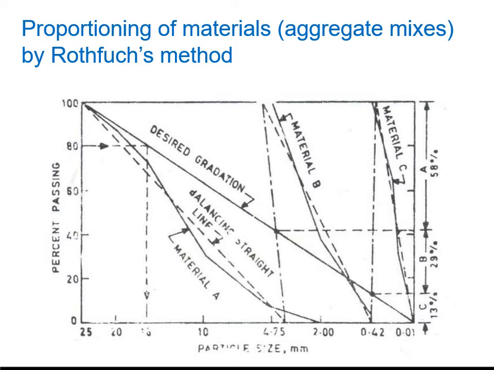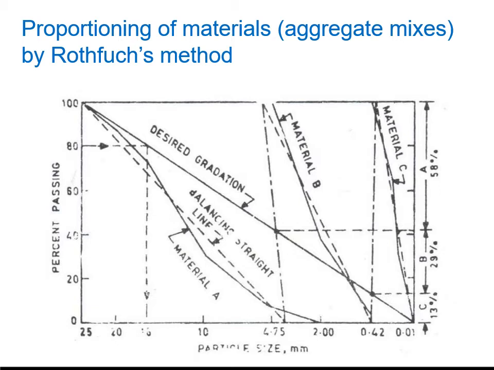For example, for material A, this is the gradation line, and the dotted line is the balancing straight line plotted for this particular material A gradation curve, which needs to be balanced on the upper side and the lower side, plotted from 100 to 0.